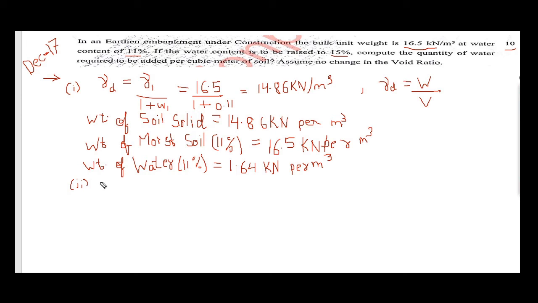The formula will be dry density equals gamma 2, the bulk unit weight when the water content is 15%, divided by 1 plus w2. The gamma d we have already found out.